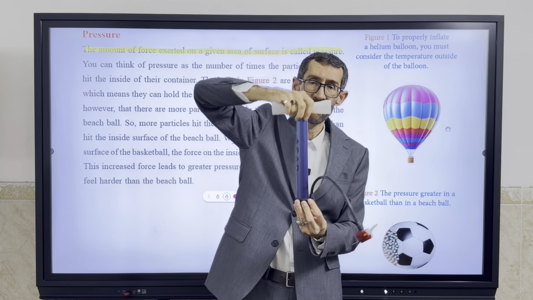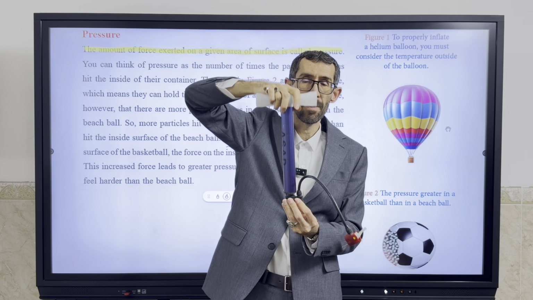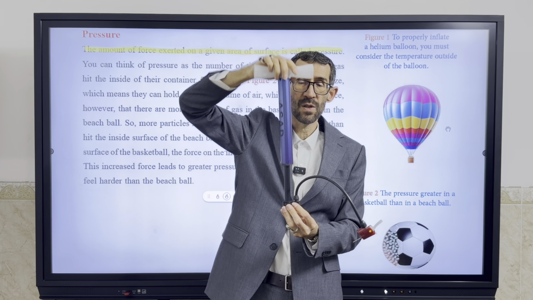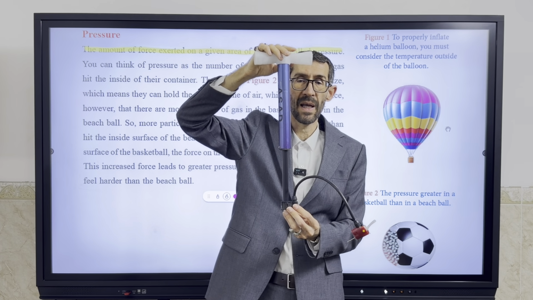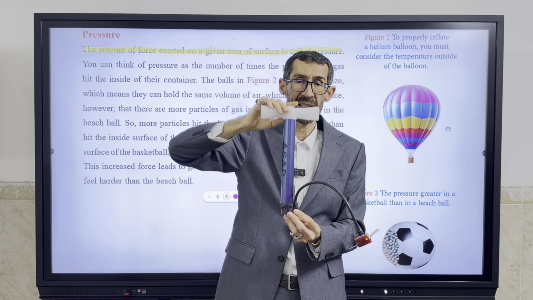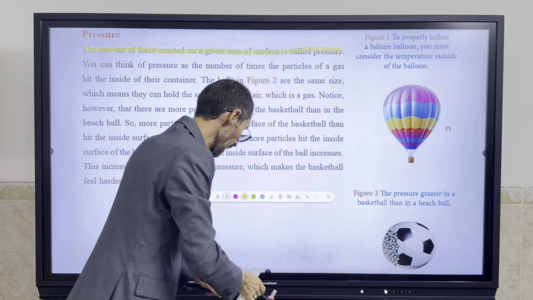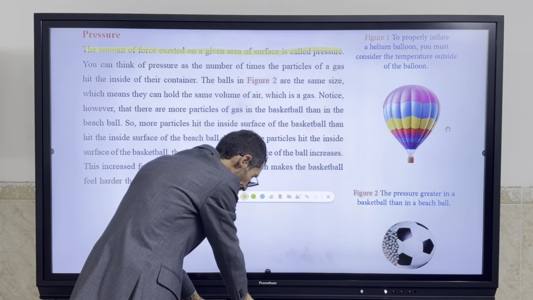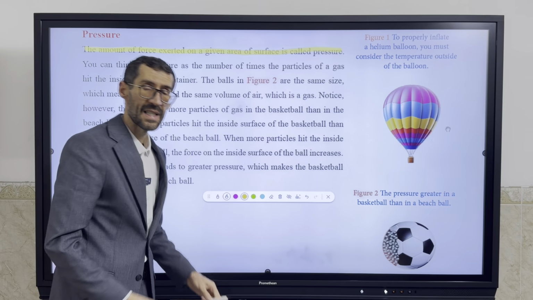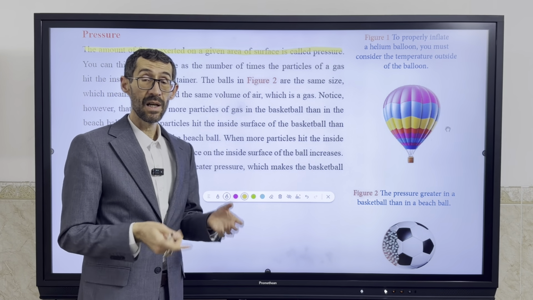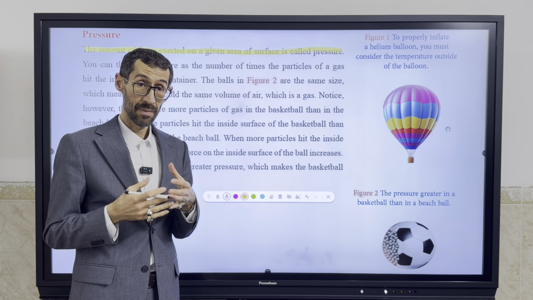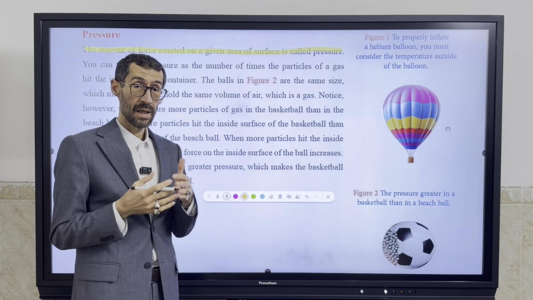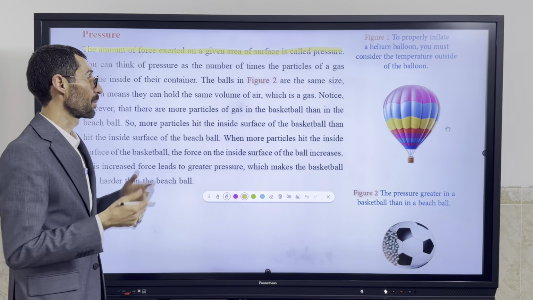That's why the process of pumping takes place by applying pressure on the piston of the pump, right? So these are common examples in our daily life, where unconsciously you apply pressure on these objects.